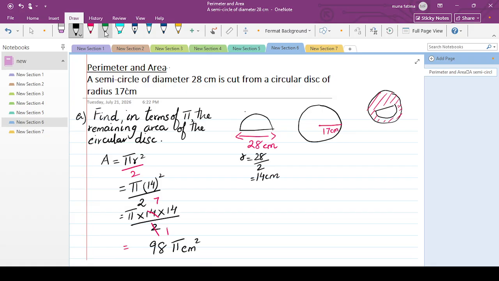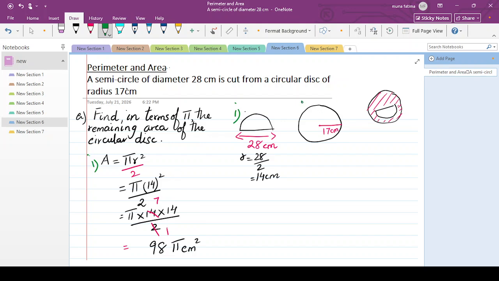We have found the area of the semicircle. Let me mark this as 1. We're dividing by 2 again because it is the area of half the circle.